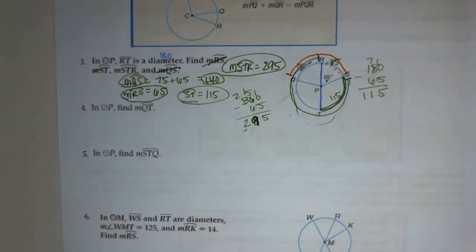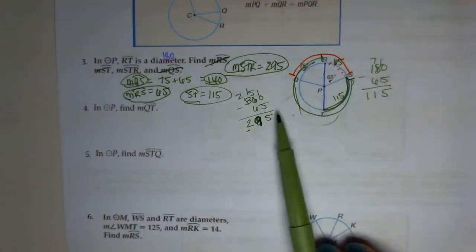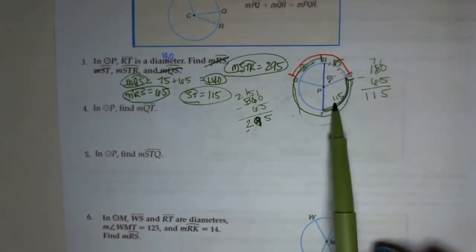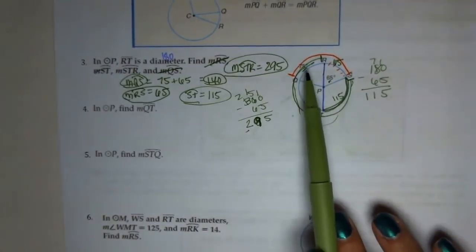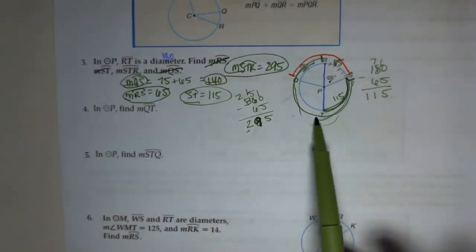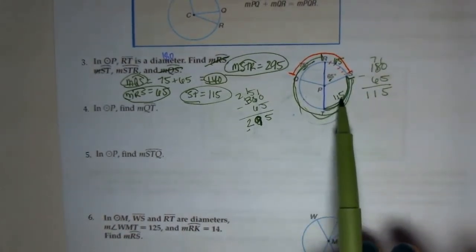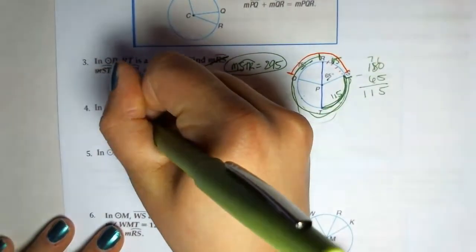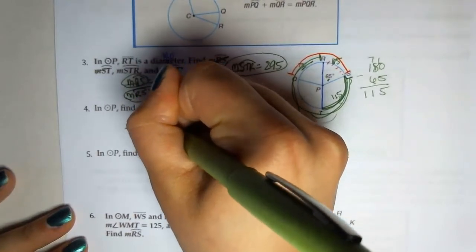Awesome. All right, let's move down to the bottom one, number 4. In circle P, find QT. So if we already know ST is 115, RQ is 75, and we know what this huge one is, we can solve for this one. So let's add 115 and 75 together. So 115 plus 75 gets me 190.